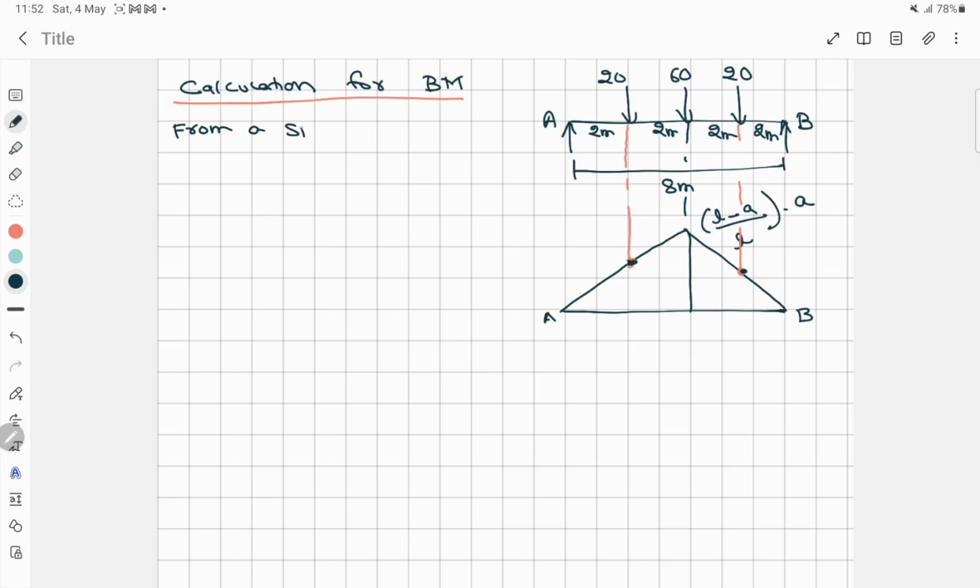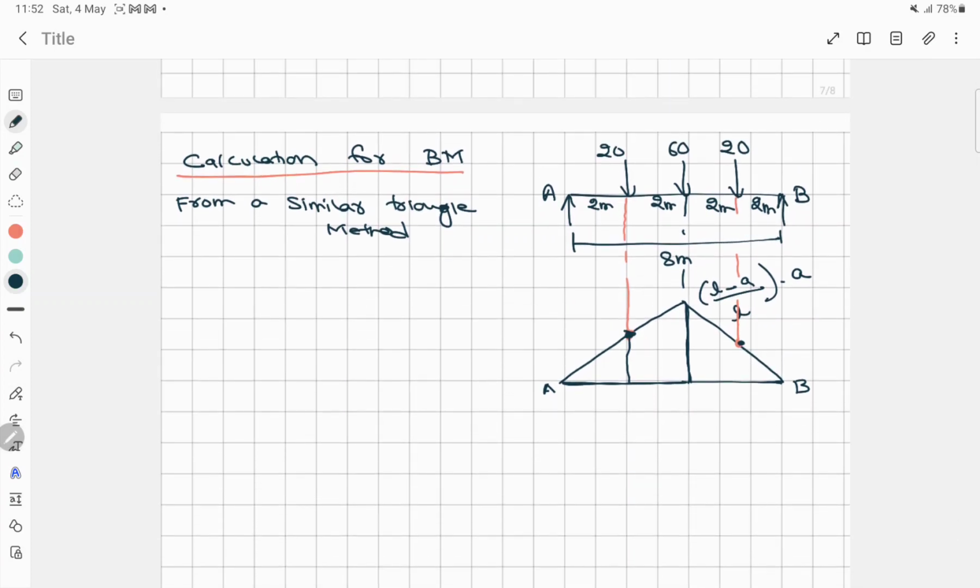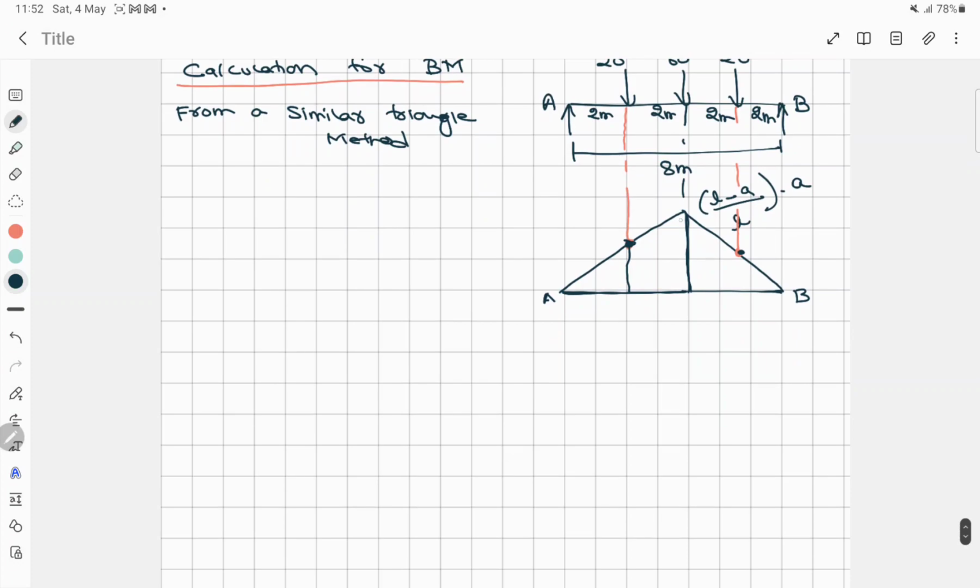From the similar triangle method we'll get the value of x1. So x1 will be, big triangle is this one, and again we have to assume this triangle, right? What was the value here? So we have to calculate this value.